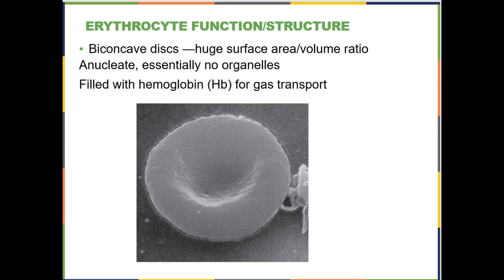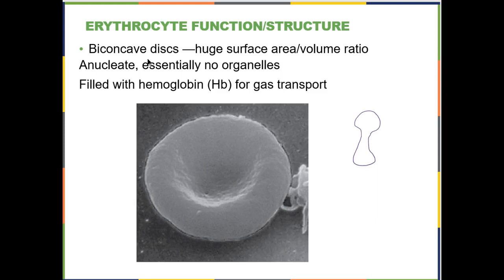First up are your red blood cells, otherwise known as erythrocytes. Everything about them is specialized, starting with their shape. Biconcave just means if you looked at a red blood cell from the side, and I'm exaggerating a bit, it would look like that.